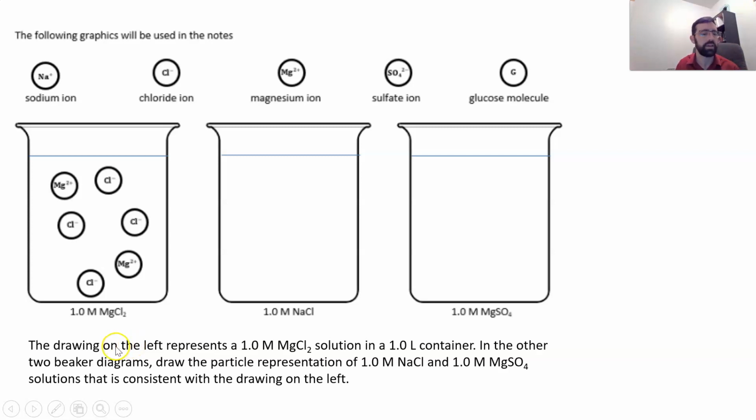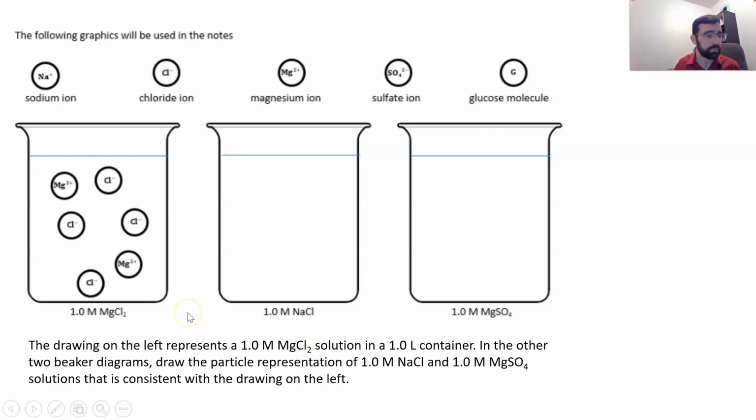Keep that in mind. Okay, the drawing on the left represents a 1.0 molar magnesium chloride solution in a 1.0 liter container. In the other 2 beaker diagrams, draw the particle representation of 1.0 molar NaCl and 1.0 molar MgSO4 solutions that's consistent with the drawing on the left. We're assuming these are the same size of containers.